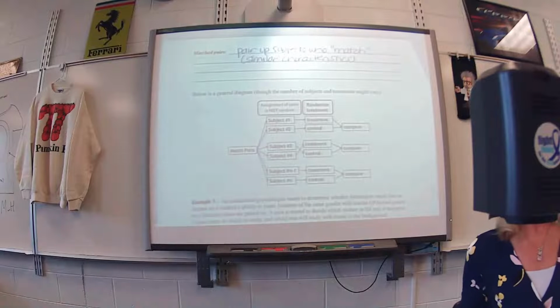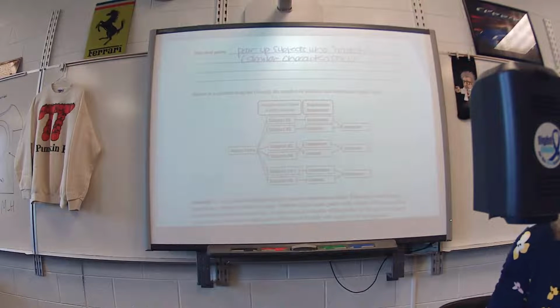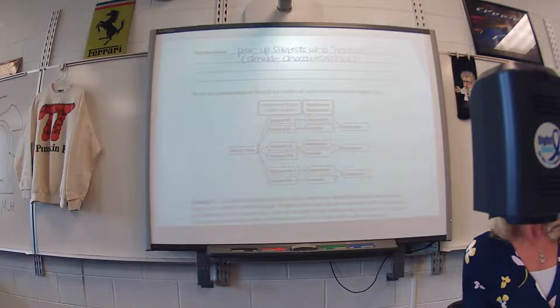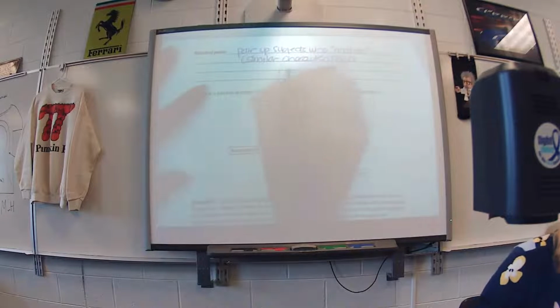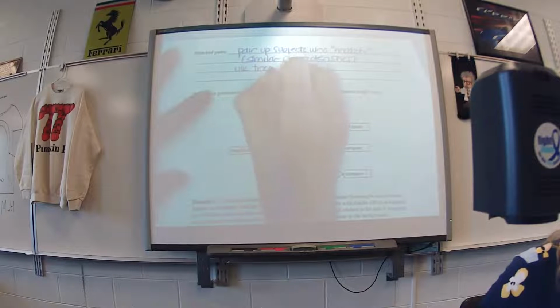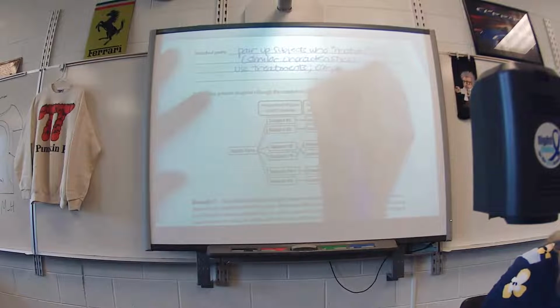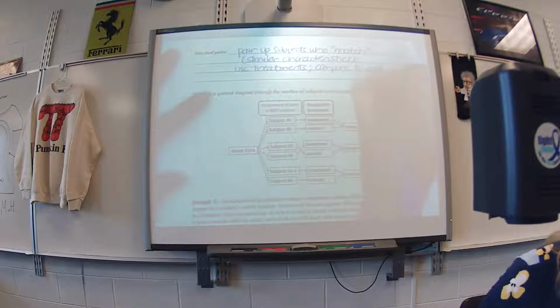Whether it's age, whether it's gender, whether it's skill level, whether it's where you go to school, okay? But you pair up subjects who match, and you use the various treatments, and you compare to each other.